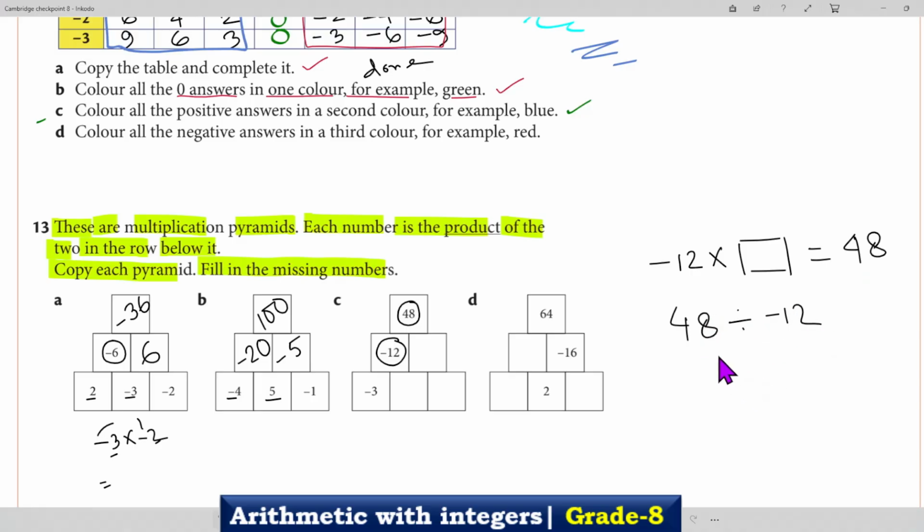So what will be the result? 48 by 12 is a 4 and here is a negative sign. So result will be -4. So it's a very simple thing, -4 and -12. Once we multiply we will get +48, right?